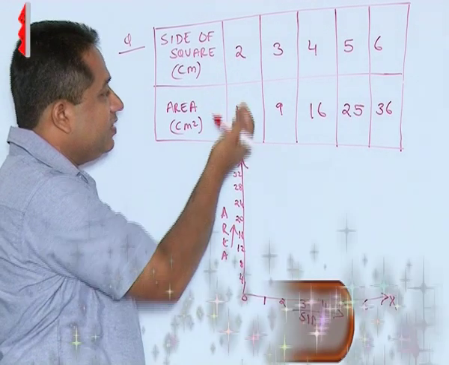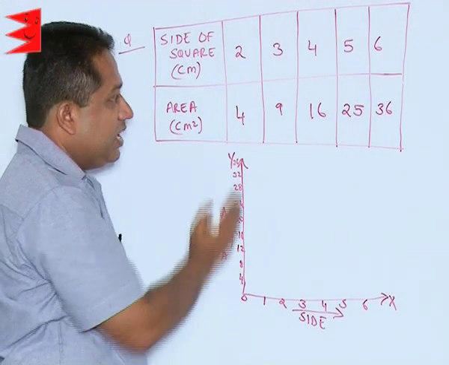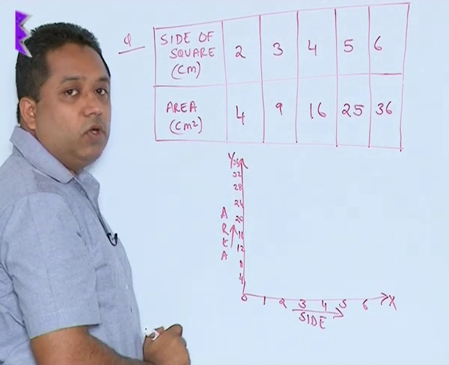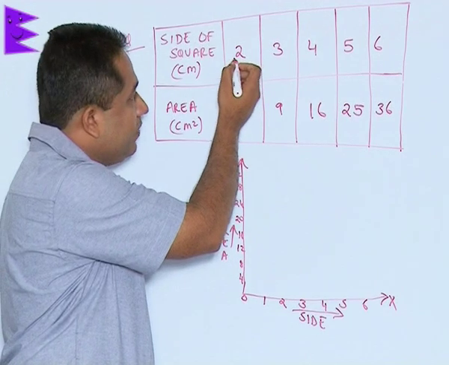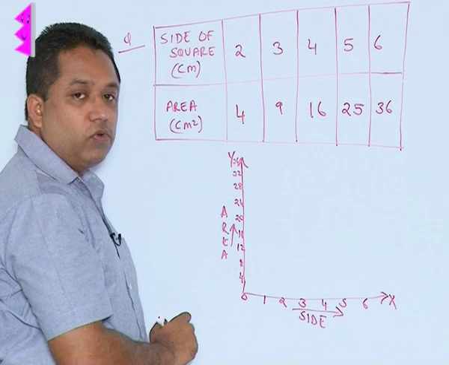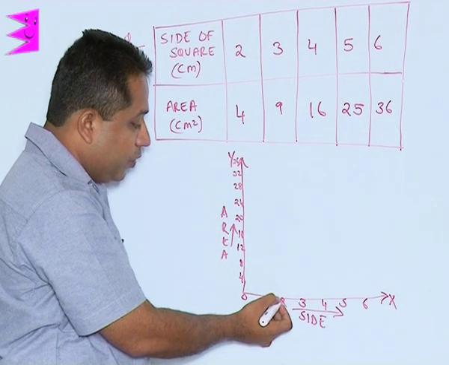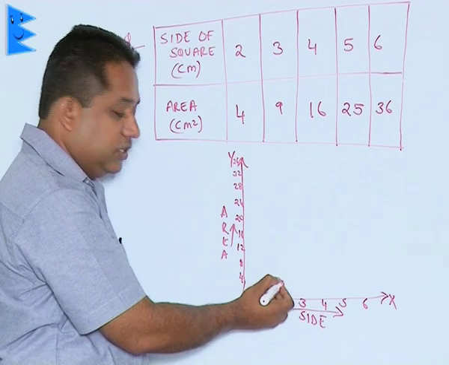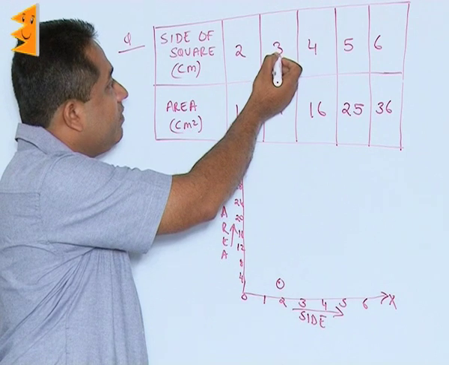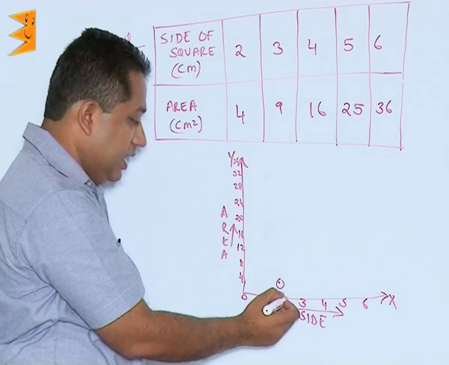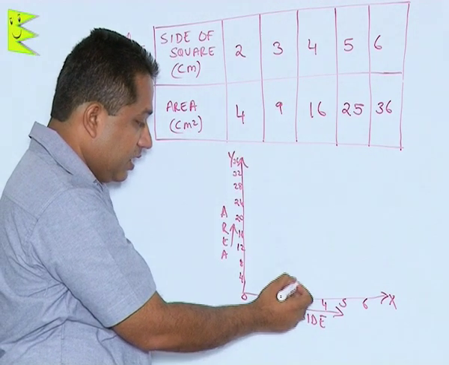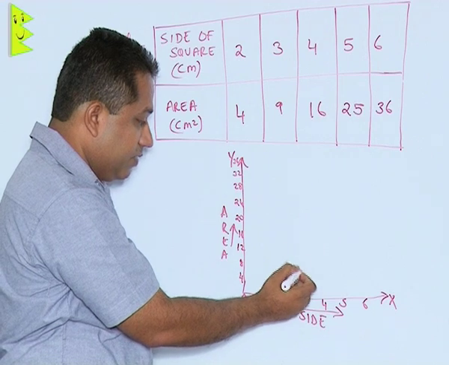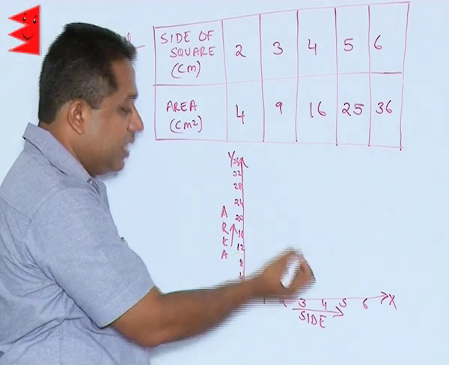So, we have selected this as x and this as y. We have the ordered pair 2, 4, which means that the value of x is 2 and the value of y is 4. So, the first point 2, 4 will lie here. Next, we have x is 3 and y is 9, so that will be the second point, 3 here and 9 here.